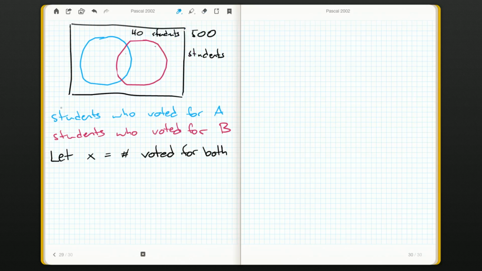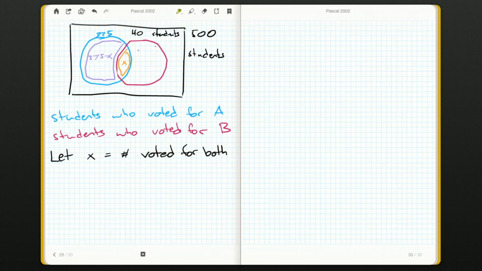So we have 375 students there, but inside here we have X students who voted for both. Then over here, what's left over is 375 minus X students. So in total, I get the 375 students who voted for A.